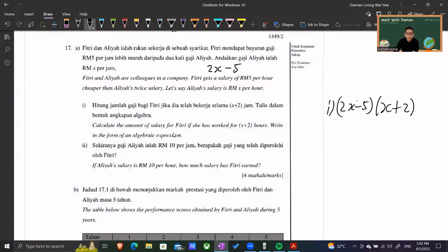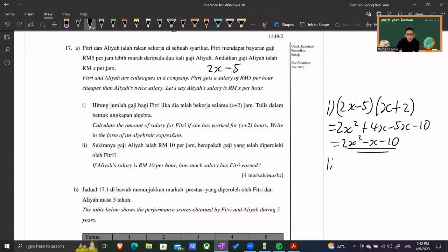That's the amount in an algebraic expression. I can expand this: 2x squared plus 4x minus 5x minus 10. So it's 2x squared minus x minus 10.